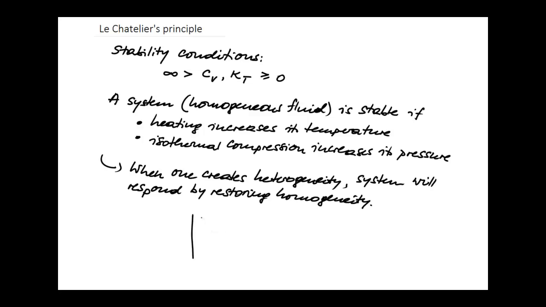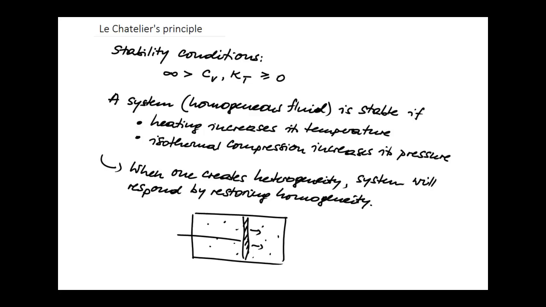Take as an example what I just told you in words. You have a system here that is homogeneous, and then you introduce a piston here, and you push it. You push the piston to the right, so you decrease the pressure on the left-hand side due to the non-negative isothermal compressibility.